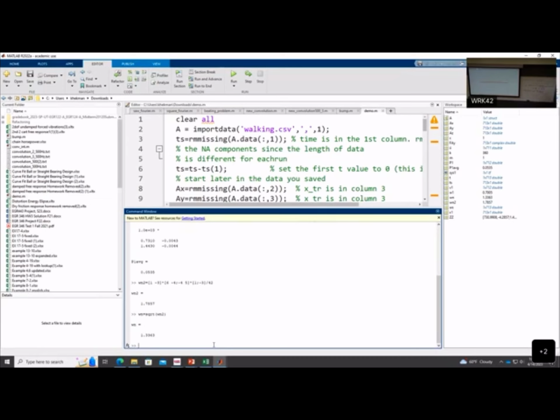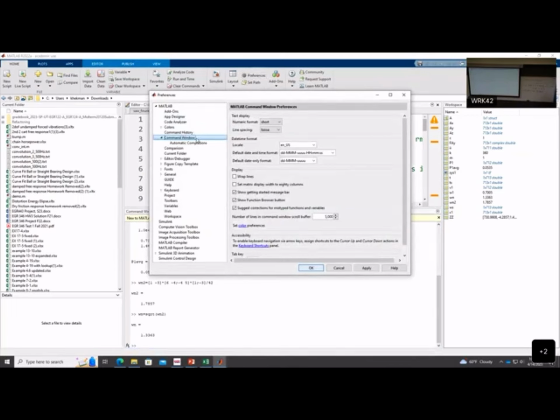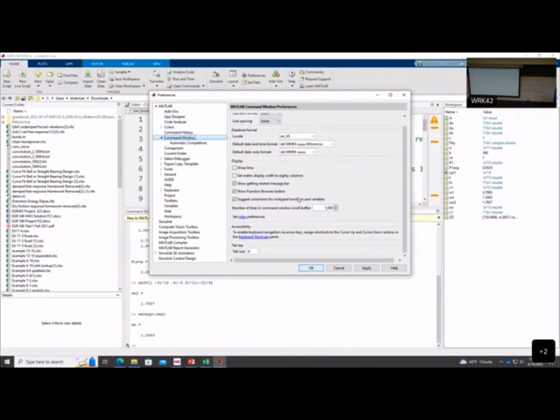All right. How do we get this? Where's settings? Home. Preferences. Command window. Where's your font?